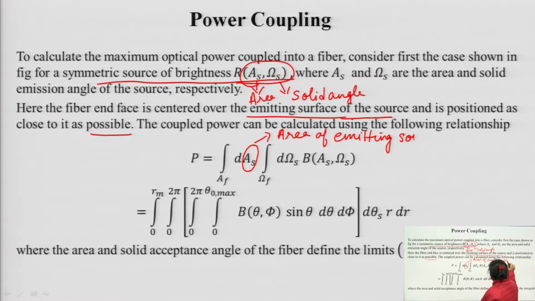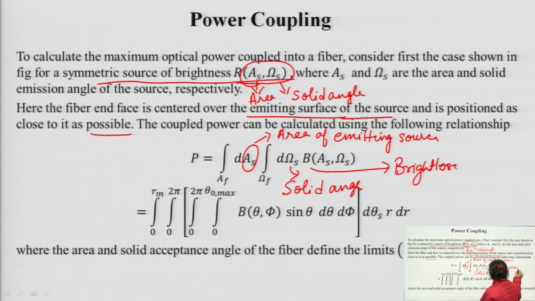d omega s, this is our solid angle, and this is the brightness. Since brightness is a function, we take a special coordinate system for its calculation.